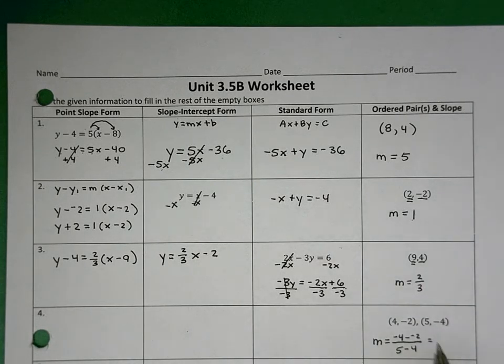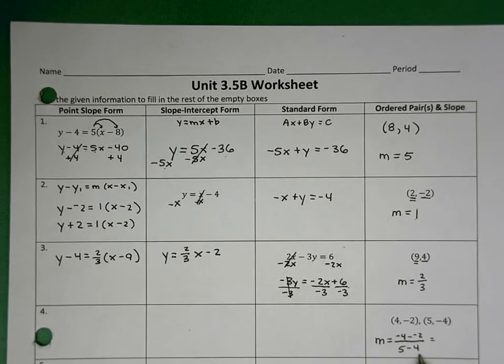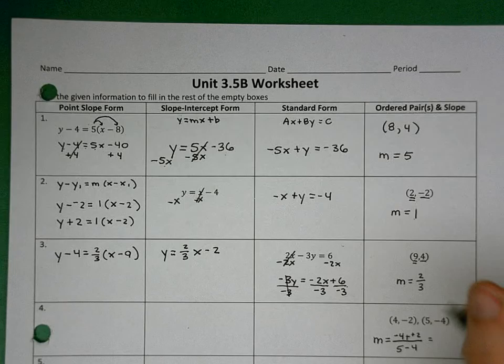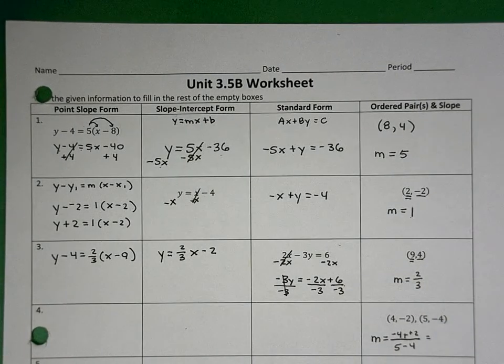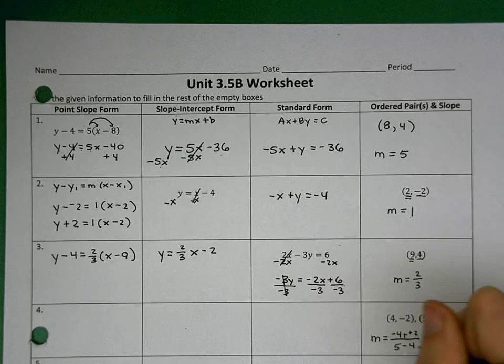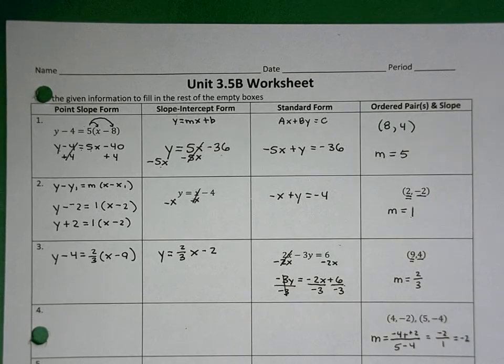So if you notice, I used -4 first, and so I used 5 first as well. -2 came second, so 4 came second as well. Right, your x and y will always stay paired up, one underneath the other. -4 minus -2, minus a negative is the same thing as positive. -4 plus 2 is -2. 5 minus 4 is 1, and -2 divided by 1 is -2.